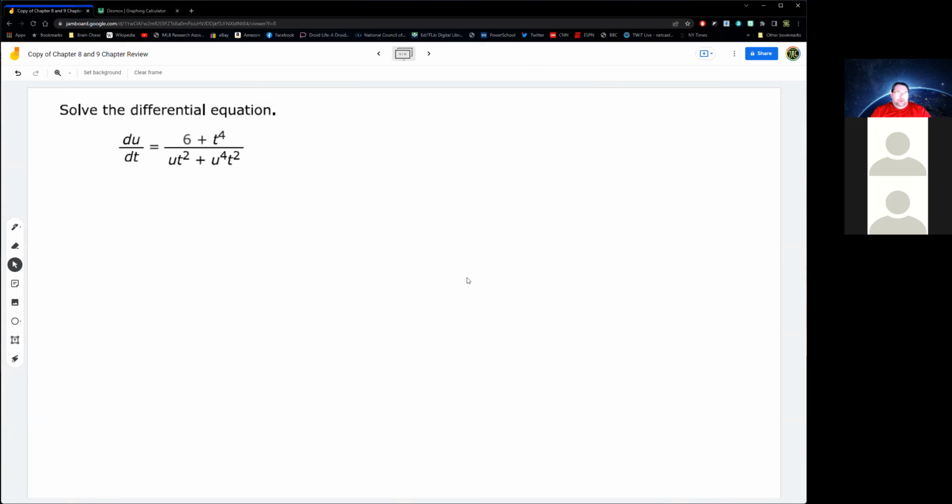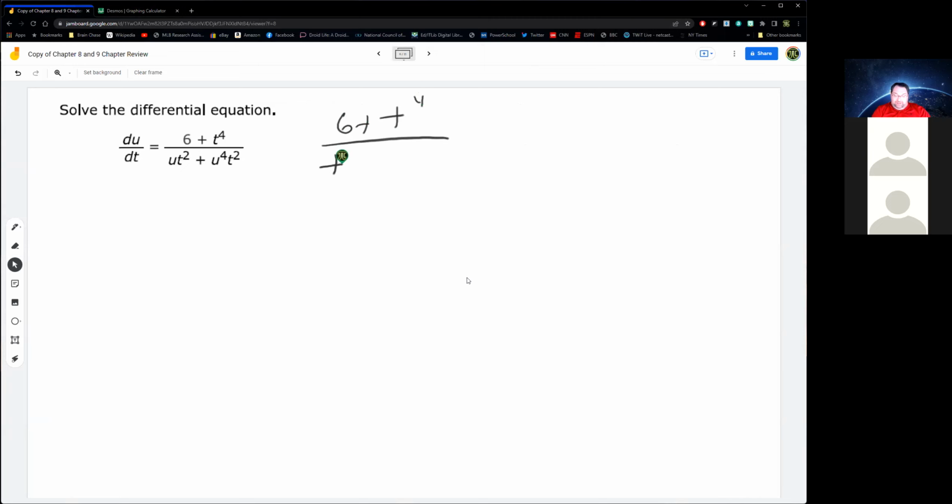We've got du/dt equals (6 plus t to the fourth) over (u t squared plus u to the fourth t squared). So the first thing we have to do is manipulate the bottom part, where I have u's and t's, to get the u's by themselves. On top, we have 6 plus t to the fourth.